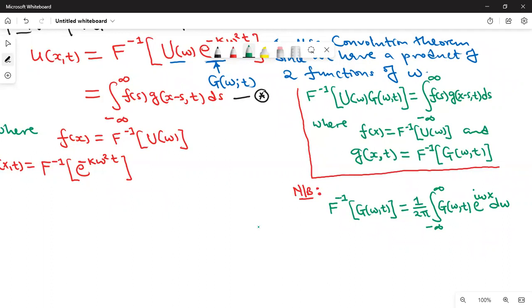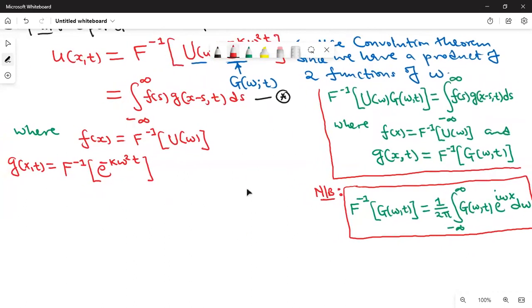That is how to find the inverse Fourier transform of any given function of omega. This formula is very, very important. This is what you're going to use to find the inverse of exponential negative k omega squared t.